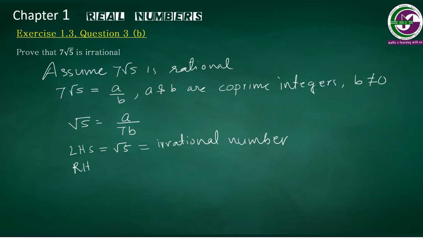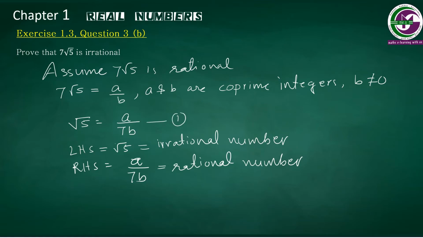RHS is a divided by 7b. That means a is an integer, 7 is an integer, b is another integer, and an integer divided by another integer is always a rational number. So it is a rational number. That means this equation says that an irrational number is equal to a rational number, which is impossible.